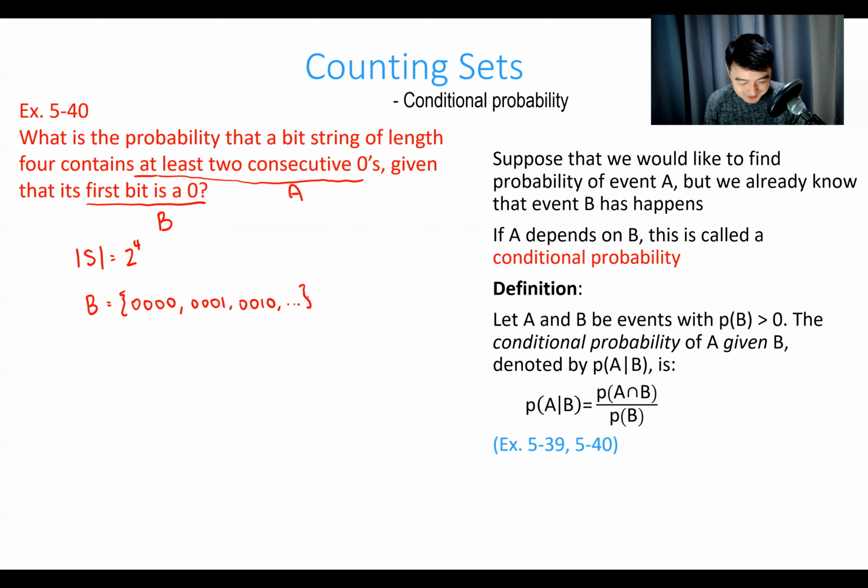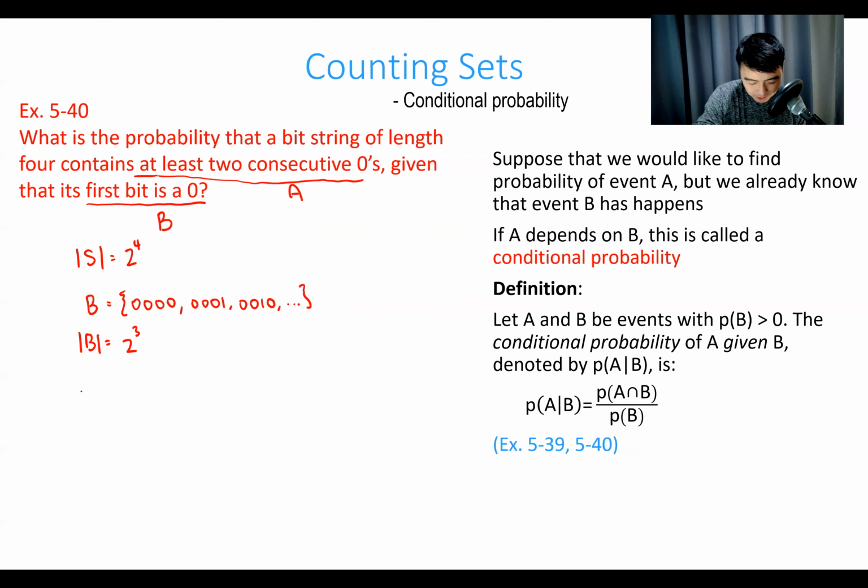Because the bit string of length 4 starts with a 0, there must be 3 digits left. Each of those 3 remaining digits has two ways to fill it, either a 0 or a 1. So the size of B is 2 to the 3. Please verify this: we have a 0 at the beginning, we have 3 extra slots, 2 to the 3.